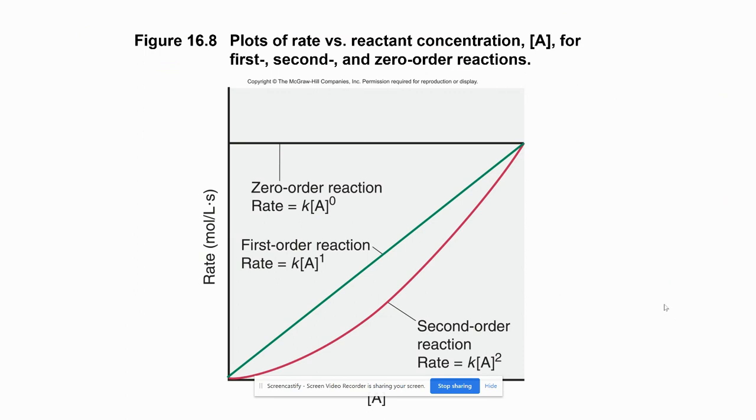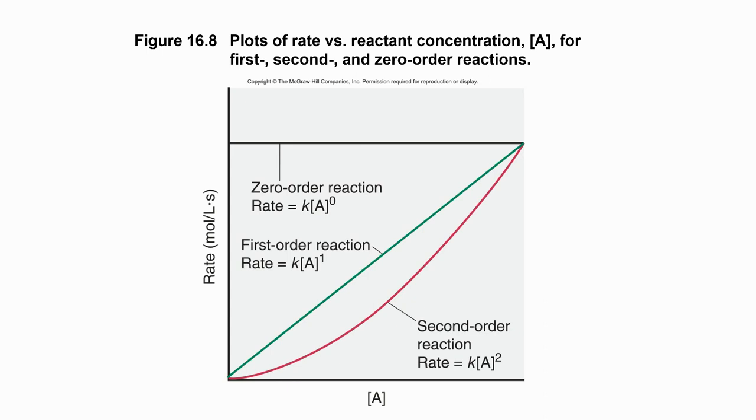Okay, here's a graph that shows the rate versus concentration. This was kind of what I drew with the enzyme one, but separated out. Notice what's here for 0 order. If we double the concentration of A for 0 order, the rate doesn't change at all, so you have that flat line.